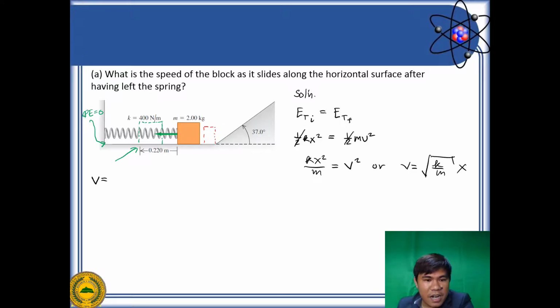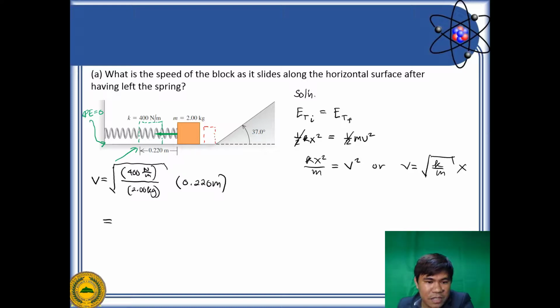So now if we solve for v, we just simply substitute the corresponding values. For the spring constant, we have 400 Newton per meter divided by the mass, which is equal to 2 kilogram. We take the square root of the quotient and then multiply it by the compression, which is equal to 0.20 meters.